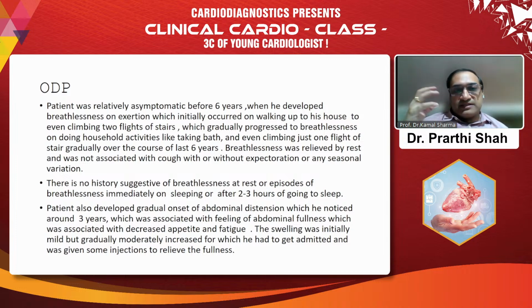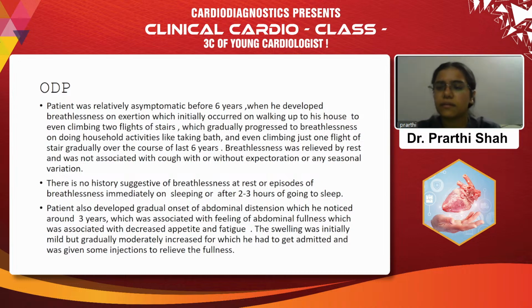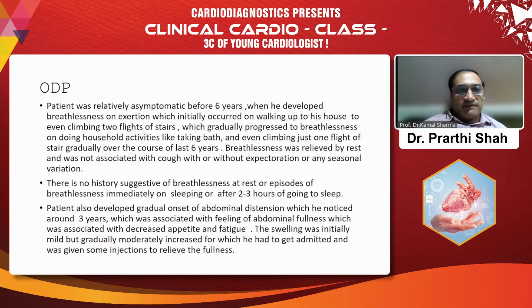The other theory is that the lymphatics of the liver spill over, so there is weeping from the liver, which leads to development of ascites. This was all theory before McKinsey's theory came in. So lymphatic weep from the hepatic veins and the hepatic lymphatics leads to development of ascites.